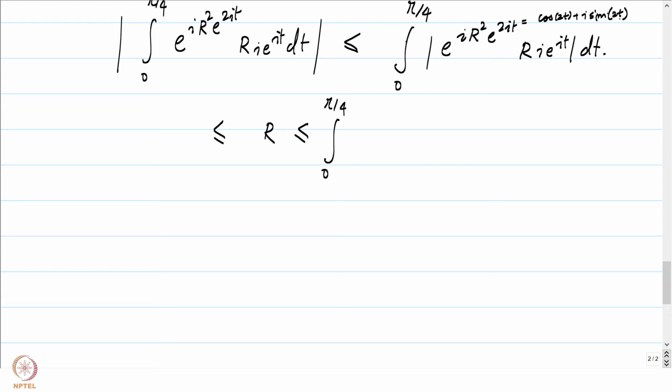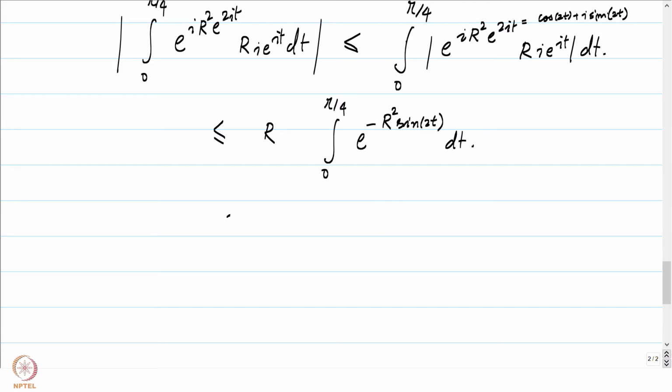The cos 2t term will not contribute to the absolute value, it will just be modulus 1, and what we will have is e to the power, the absolute value of e to the power, which is actually positive, minus r square sin 2t dt. This is precisely what we will be able to conclude here.